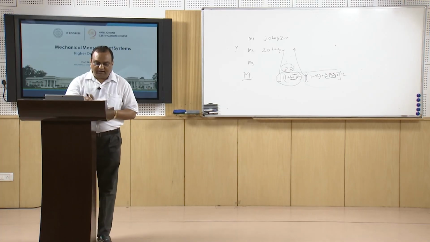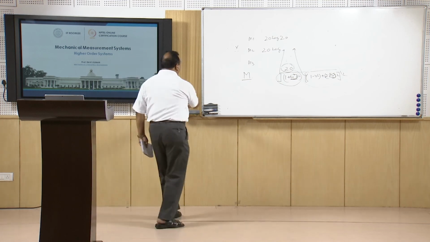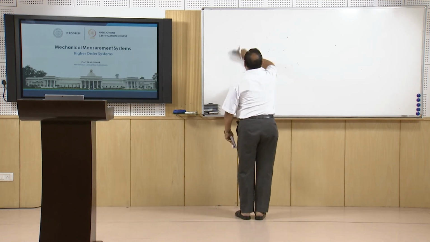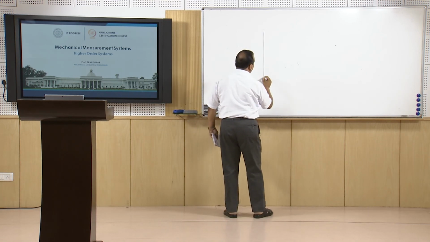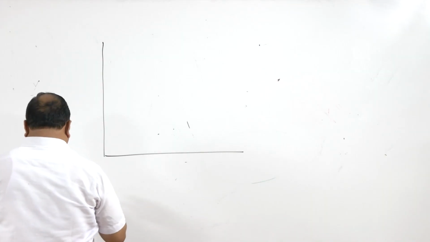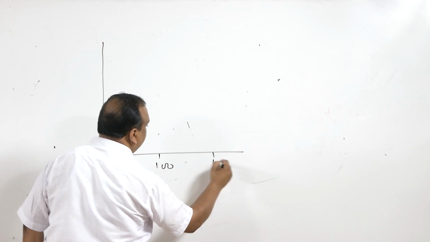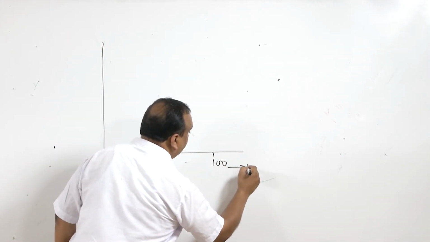the bode plot. And if you try to plot the bode plot, it will appear like this. Let us start from here: 10, this is 100, and this is 1000, and this is the value of omega.